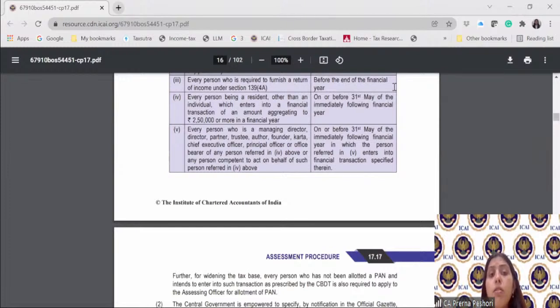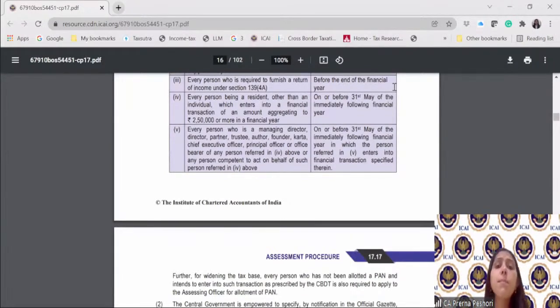Or if he is acquiring RBI bonds over rupees 50,000, he may be required to quote the PAN. Or where he is purchasing a bank draft in cash over rupees 50,000, he will be required to quote PAN. So only in selected transactions, he will be required to quote the PAN.